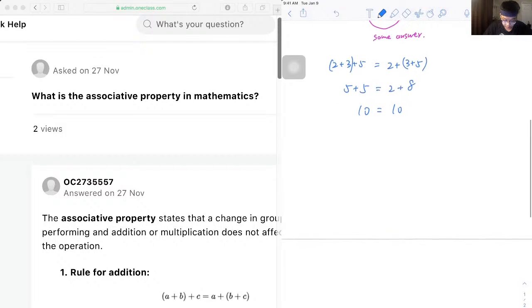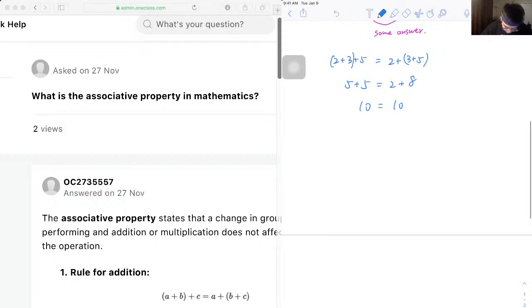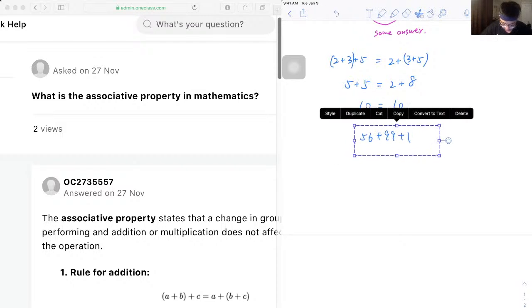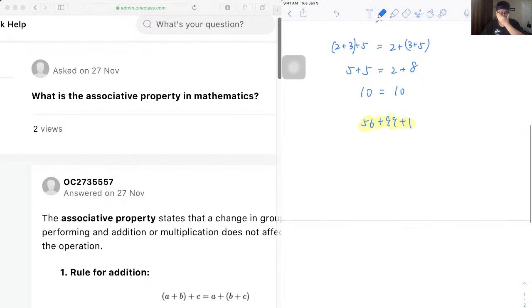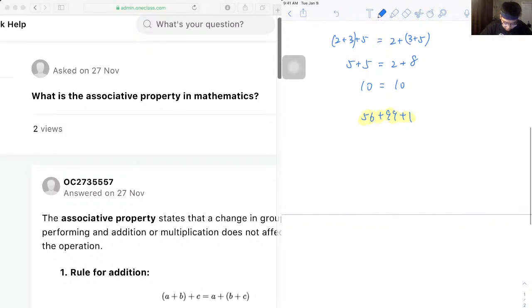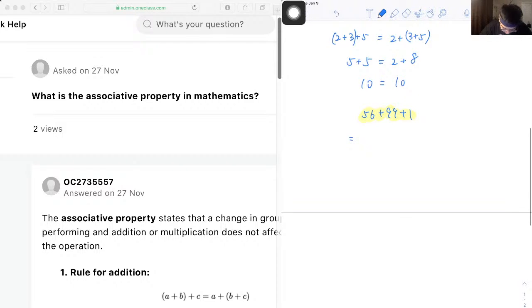Sometimes we have a question, let's say 56 plus 99 plus 1. If we follow the regular order, calculating from the left to the right, 56 plus 99 is kind of complicated. So what we can do is apply the associative property.